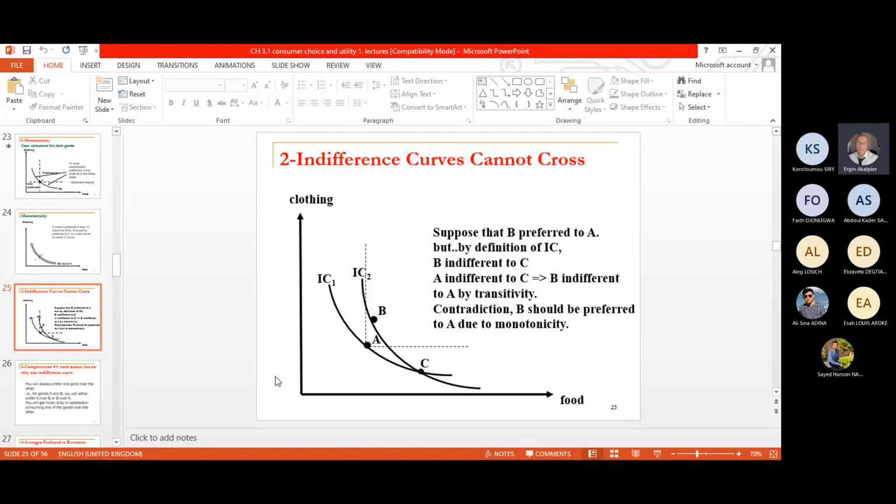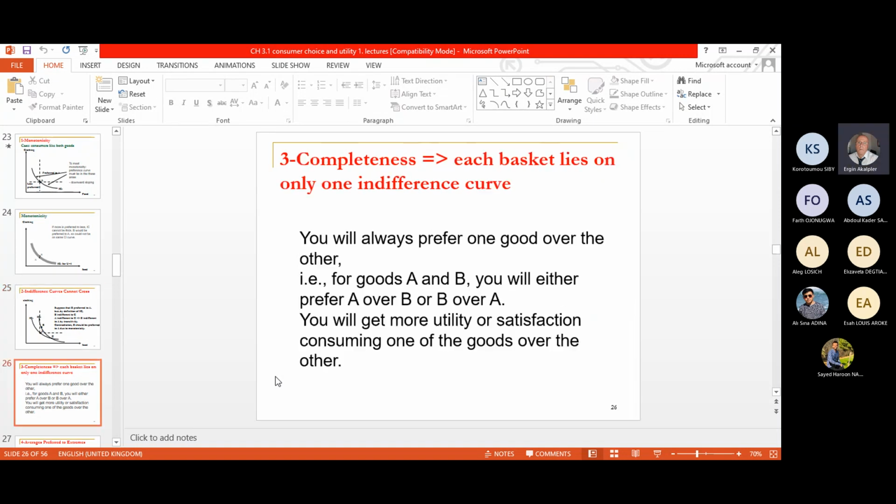Therefore, suppose that B is preferred to A. But by the definition of the indifference curve, B is indifferent to C and A is indifferent to C, therefore B is indifferent to A by transitivity, and this is a contradiction. B should be preferred to A due to monotonicity, and as you see here, if the curves intersect, this is not realized. Therefore, indifference curves are not expected to cross each other.